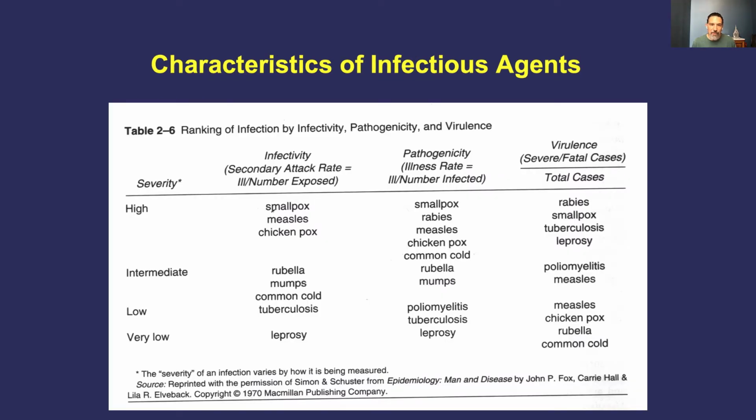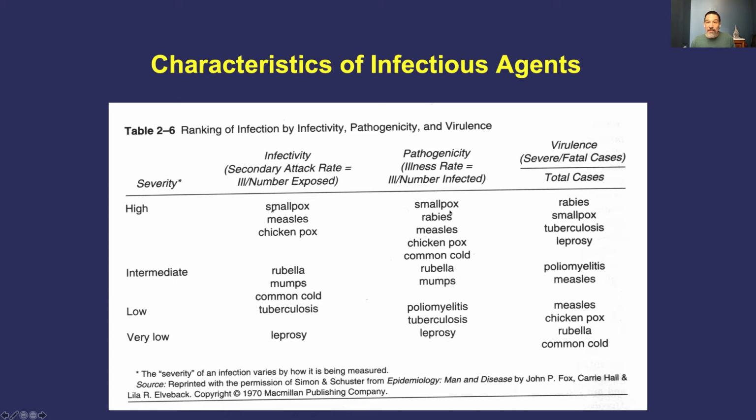So just to illustrate these properties, this table categorizes several infectious agents by their infectivity, pathogenicity, and virulence going across the table here. So smallpox is highly infectious. If you're exposed, the likelihood of becoming infected is very high. It's also highly pathogenic.